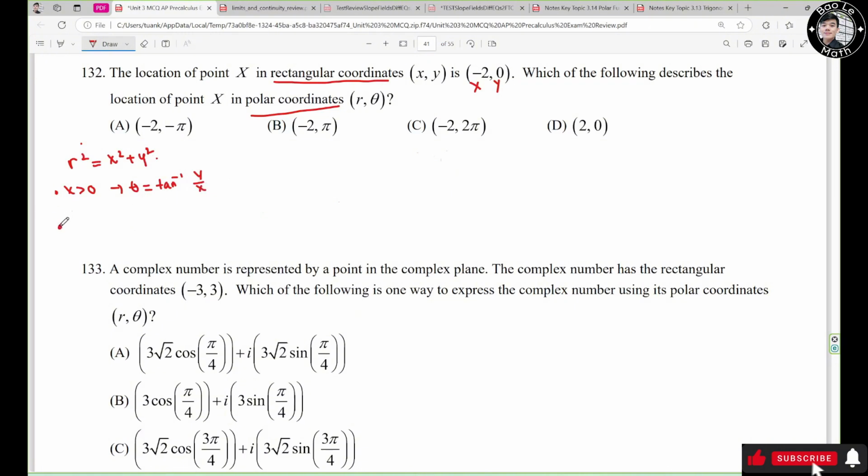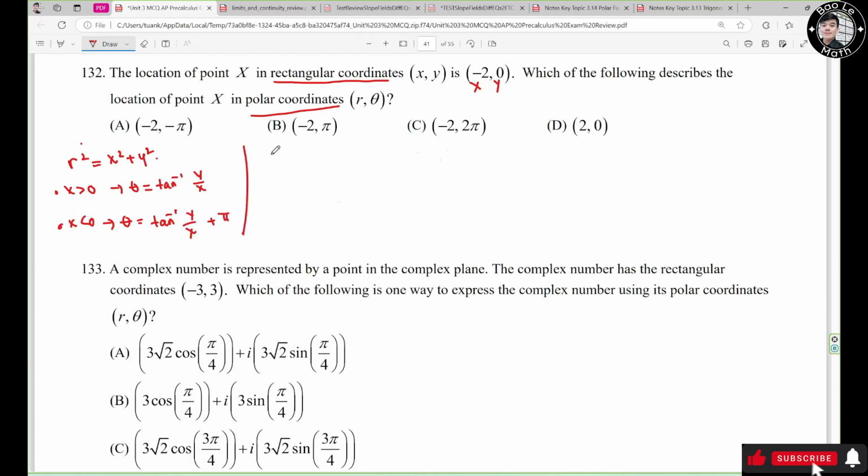If s is less than 0, the angle theta can be calculated as tangent inverse of y over s, and then you need to add pi. So keep that in mind.